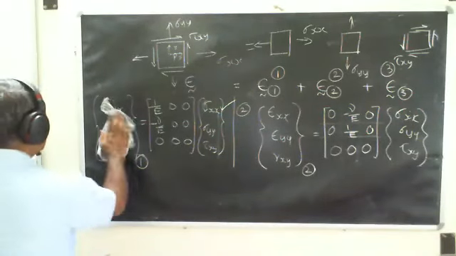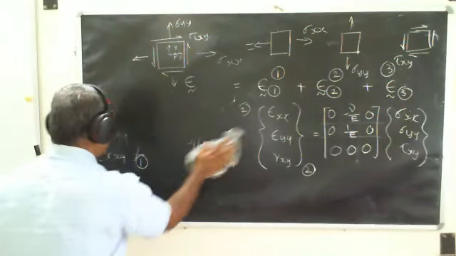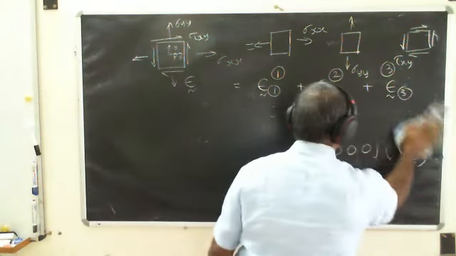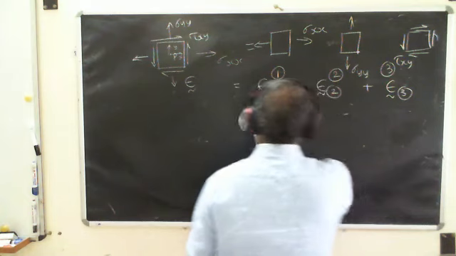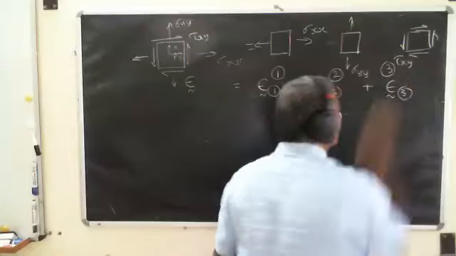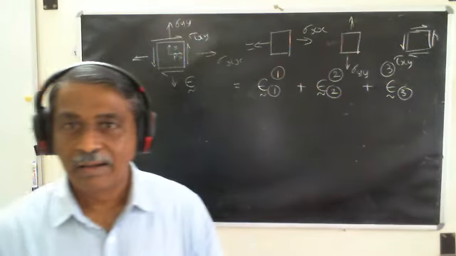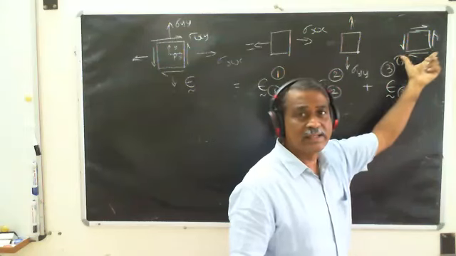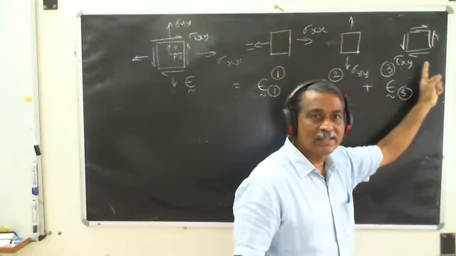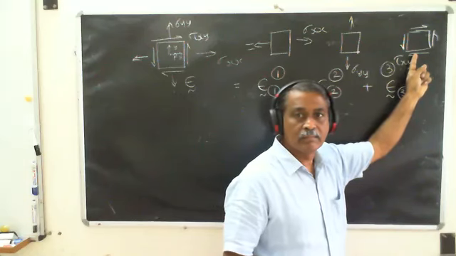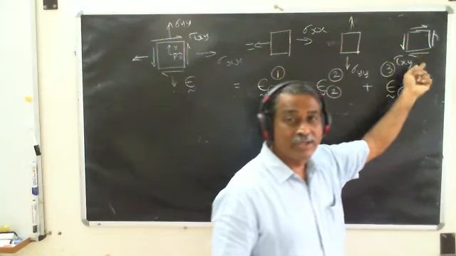Okay. Third one, I need a clue from you. For the third one, I need a clue from you. This is shear. I'm applying what kind of stress state is this? If I look at only this, shear stress.